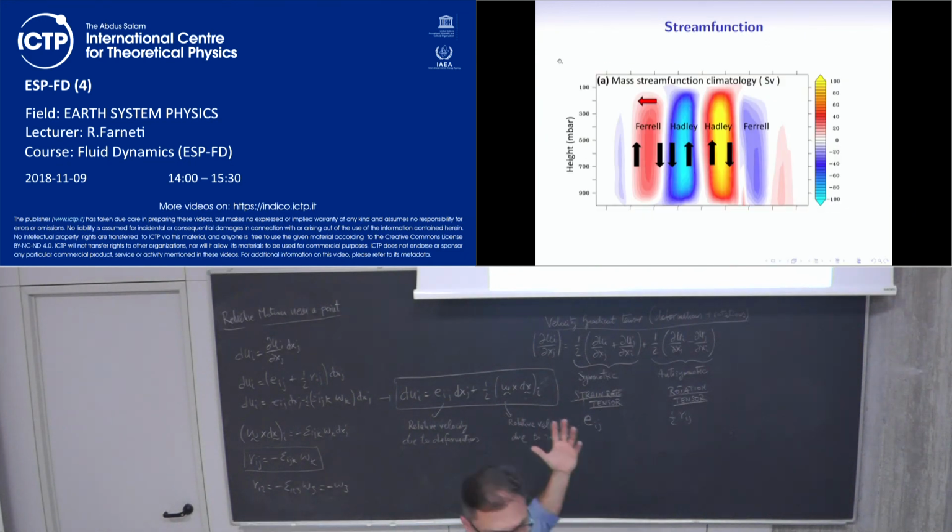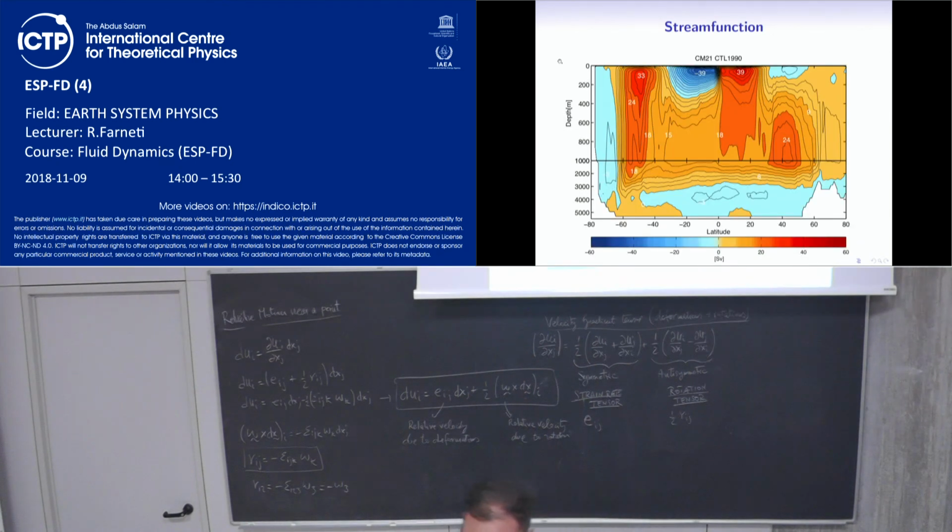We don't know why there are those Hadley cells or these meridional overturning circulations in the ocean. This is a way of showing the movement of your fluid particle, but we still don't know why. And so this is what we're going to start doing next time. We're going to start looking at the forces acting on the element of fluid and all the conservation laws acting on the element of fluid. Okay. Which is a little bit more fun, hopefully.